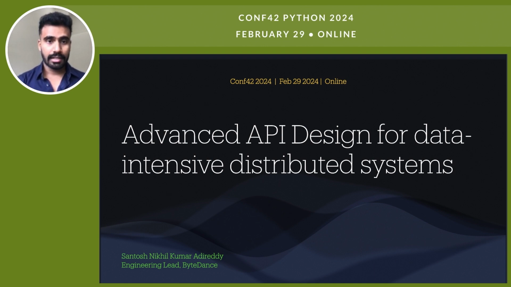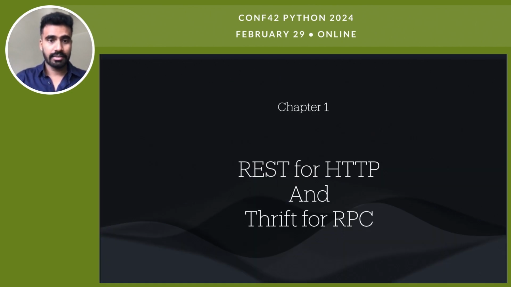So with this, let's get right into the aspects of what is needed. First and foremost, the design aspect we need to consider is REST for HTTP API calls, and Thrift for RPC API calls. Now let's understand a bit about HTTP, why and where.